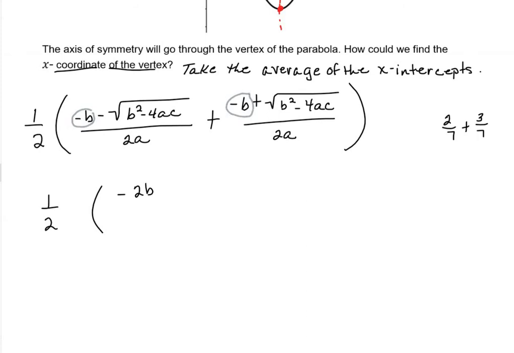Now notice with my radicals, they're opposites. I have minus the radical and then plus the radical. So when I add those together, they cancel out. My denominator is going to stay 2a. So now what's inside the parentheses can simplify. Those 2's are going to cancel out. So I have negative b over a, and that's going to be negative b over 2a.